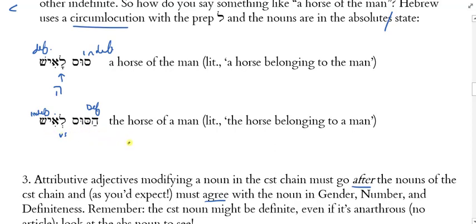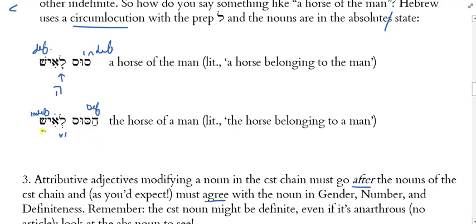If I want to say the horse of a man, I've got to use the lamed preposition. And notice that sus here cannot be the construct form of sus. Why? Because I can never have the article on a construct noun. Right? It's one of the things we just learn. A construct form never takes the article.